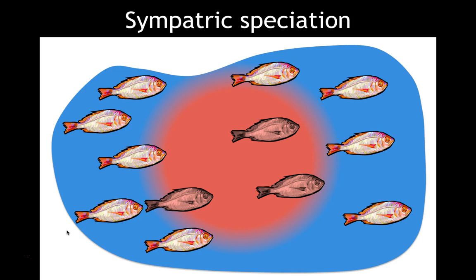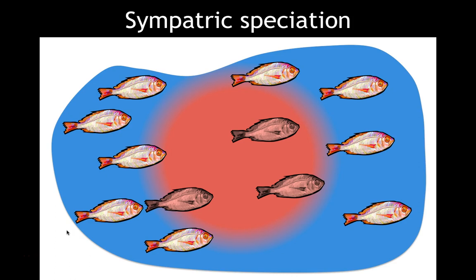So we talked about how gene flow is a great homogenizer of genetic variation between populations. That's why allopatric speciation is relatively easy, because the barrier prevents that gene flow from occurring. In the case of parapatric speciation, that gene flow is reduced by selection against hybrids along that environmental gradient.